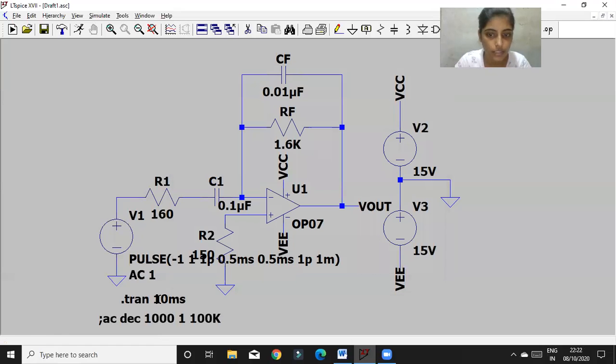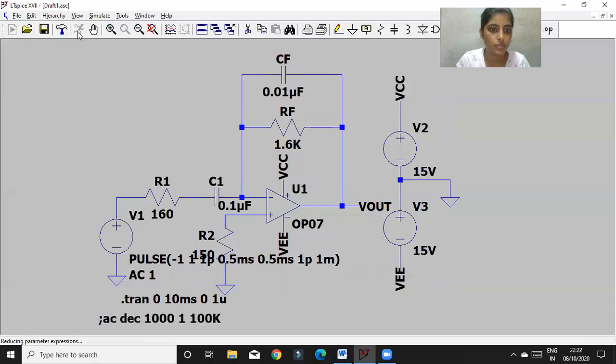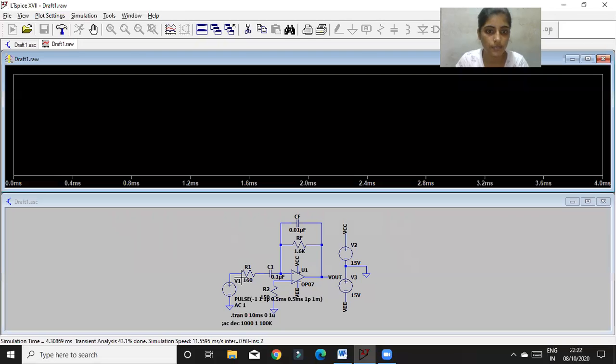Now I change my transient here: 10 milliseconds for my stop time, and 1 microsecond maximum time step. So I run this.